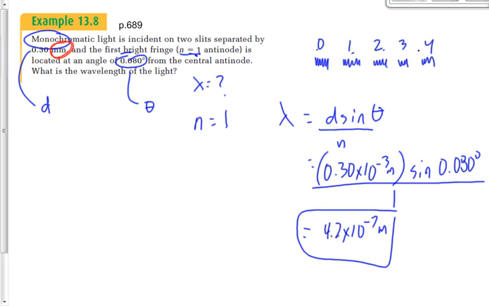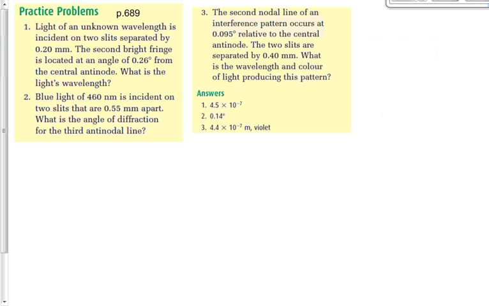I'm going to give you 3 questions to work on here. And as you're going through these 3 questions, I want you to pay attention to a couple of things. One, units. We're often dealing with units other than meters here: millimeters, nanometers, centimeters. Convert to meters always. The second thing, pay attention to whether they're talking about maximums or minimums, antinodes or nodes.